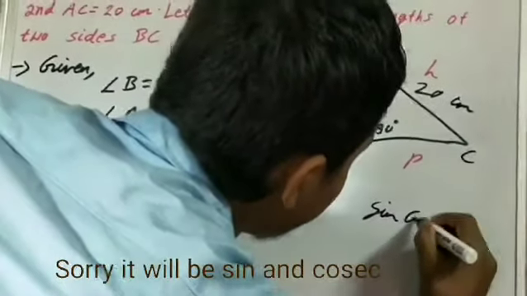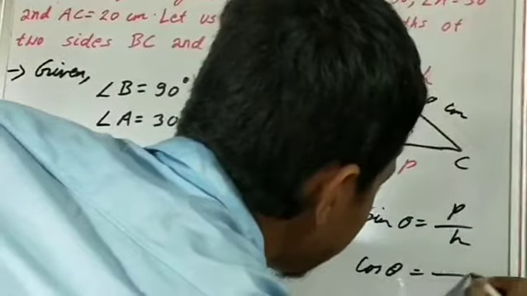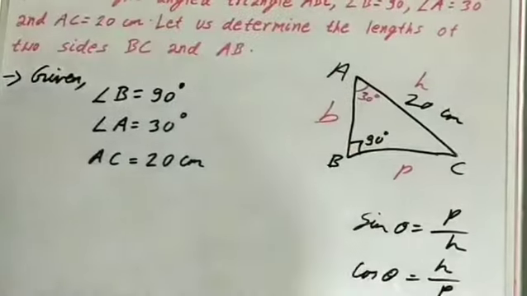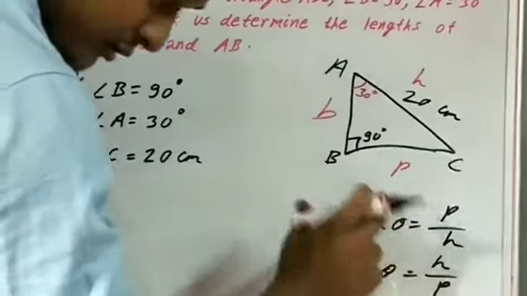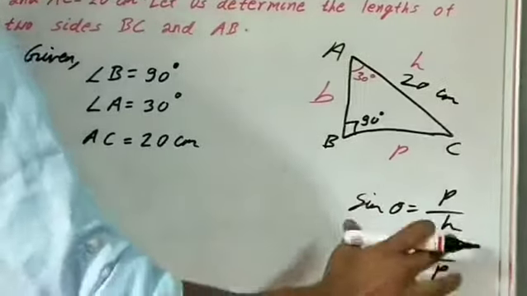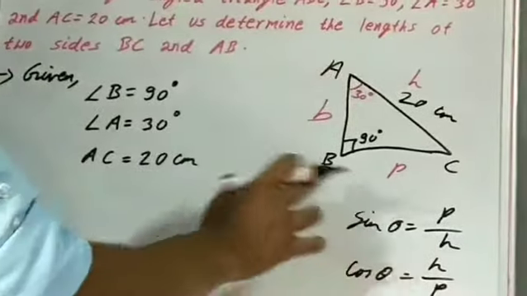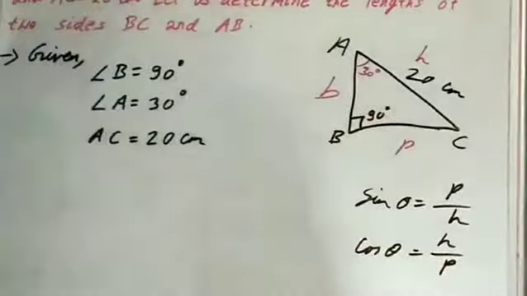Value for sine theta is perpendicular by hypotenuse and cosec theta is hypotenuse by perpendicular. So by taking any one ratio out of these two ratios, you may find the value of the length BC.